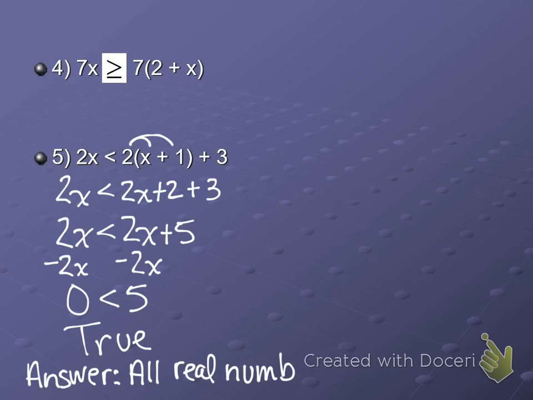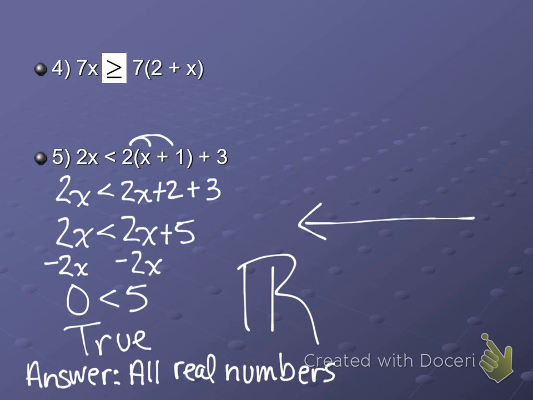All real numbers. Down here, this says all real numbers. There is a symbol to represent all real numbers. It looks like this. The double barred R. That symbol represents all real numbers. So instead of writing out all real numbers, you can put that symbol. And when we go to graph it, say we put 0 there.